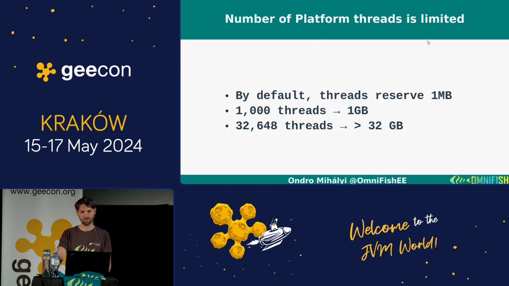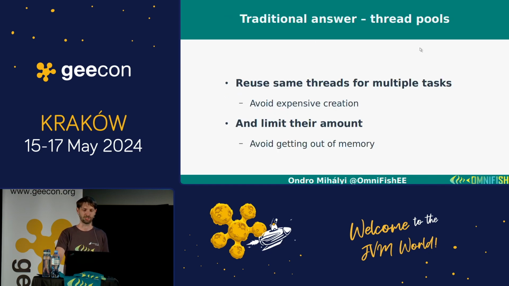So that's one of the problems with platform threads. That's why we have an answer in many libraries, in many frameworks, also in GlassFish, many application servers do that. We pool threads. So we create a thread and we use it to run one task, but when it's done, we don't kill it.